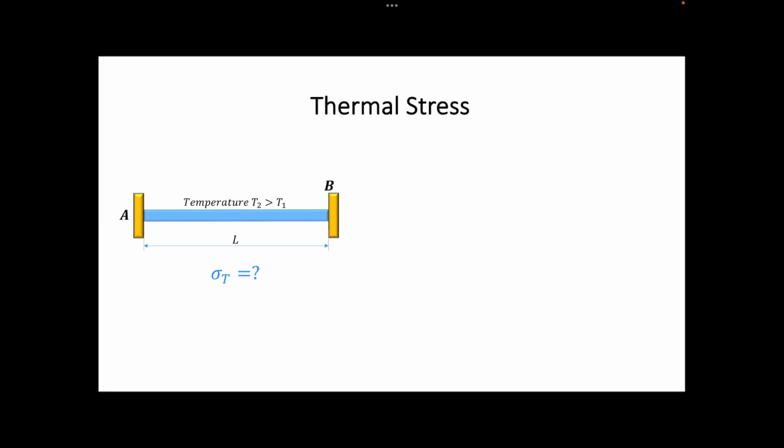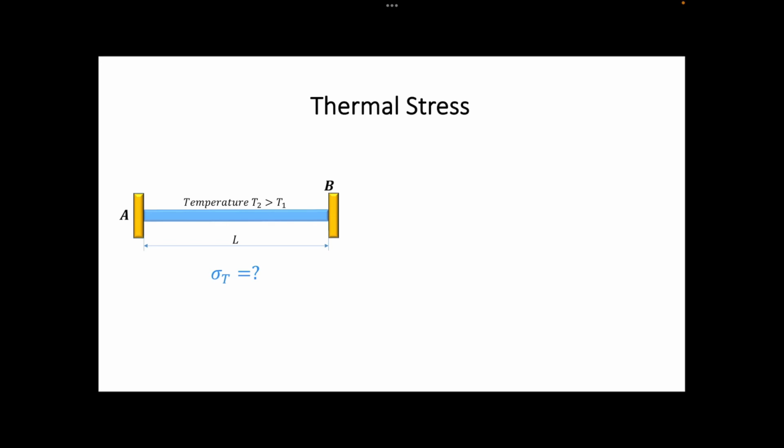As you can see, this is a statically indeterminate problem, which cannot be solved by the sole use of equilibrium equations. So let us use one of the methods that we learned in the last lectures to solve this problem. Let's say we use the force method.